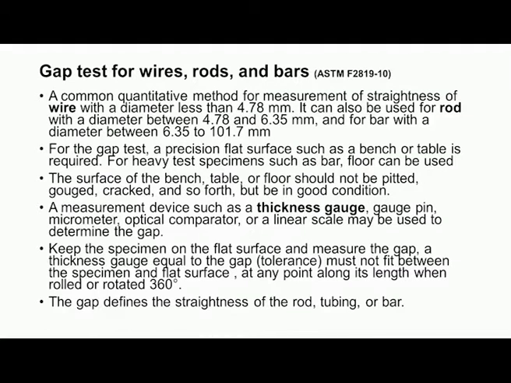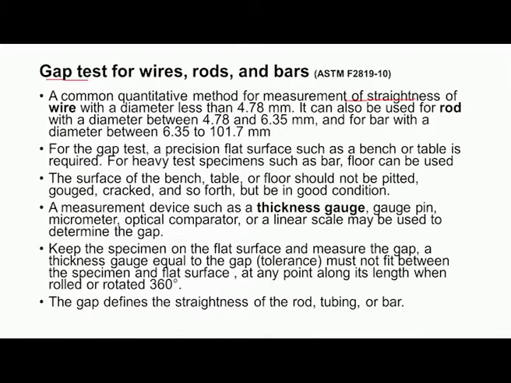Now, there are some tests as specified by ASTM. So, they are applicable for wires, rods and bars. Okay. So, one very common test is the gap test. Okay. This is applicable for wires, rods and bars for measurement of straightness.